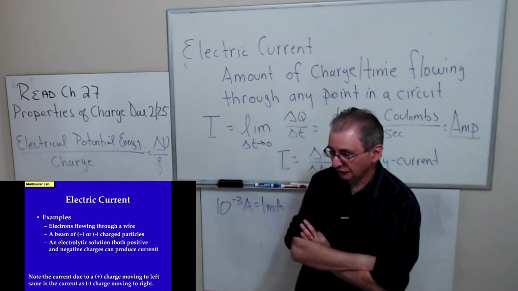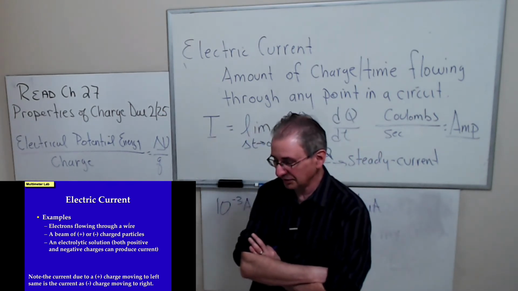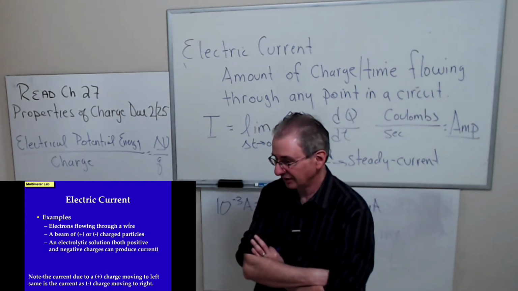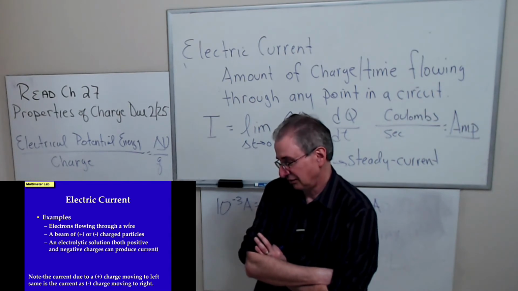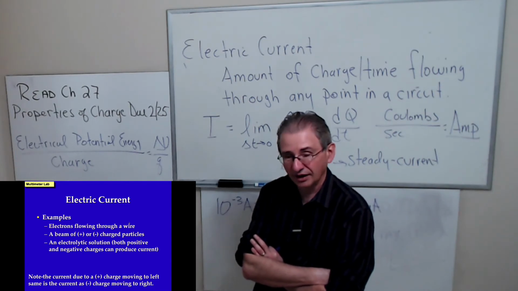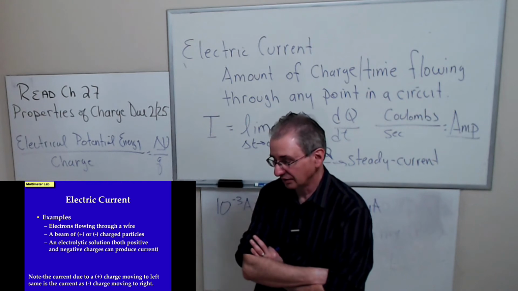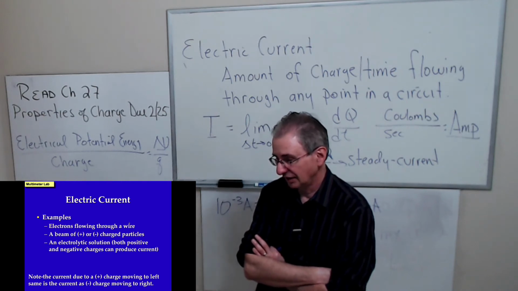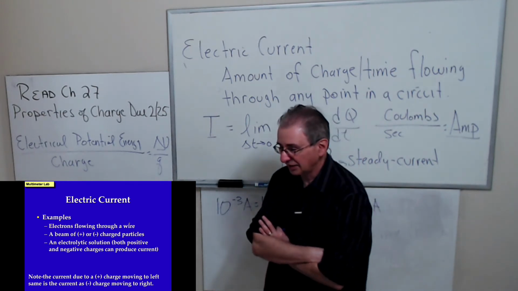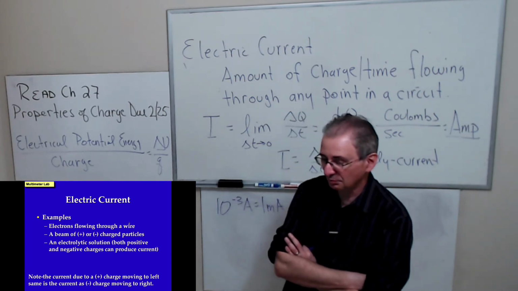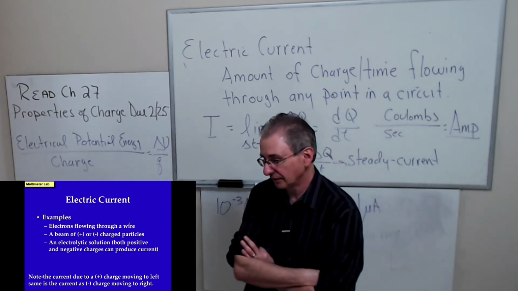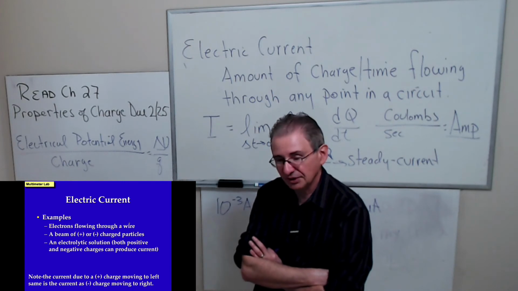And I know some of you guys in chemistry do experiments in electrochemistry, right? And you talk about current in your solution. And there are some interesting calculations you can do based on your measurement of the current in your solution. So those are some examples of electric current.